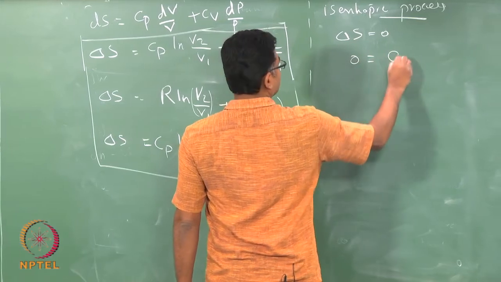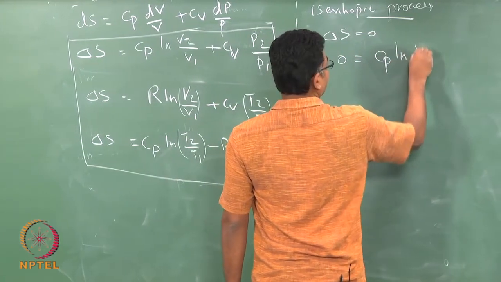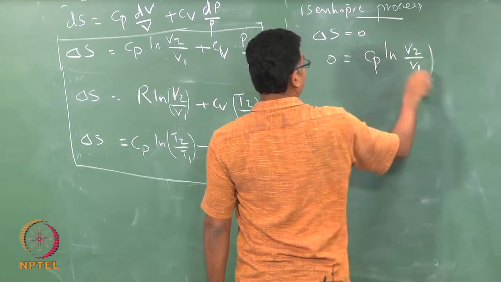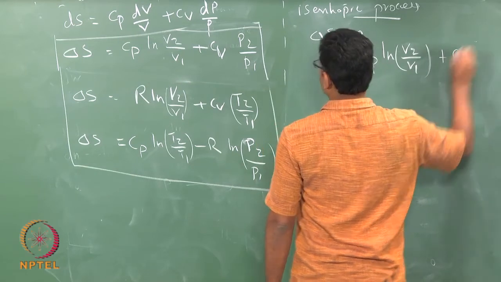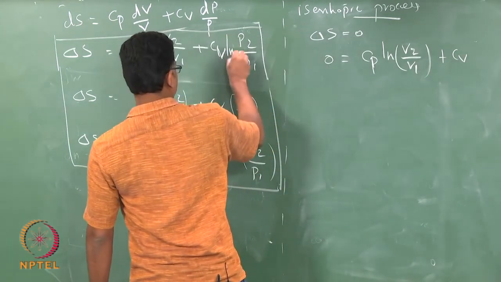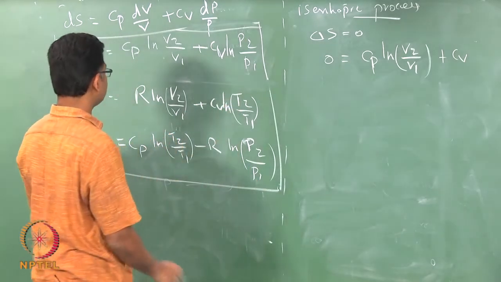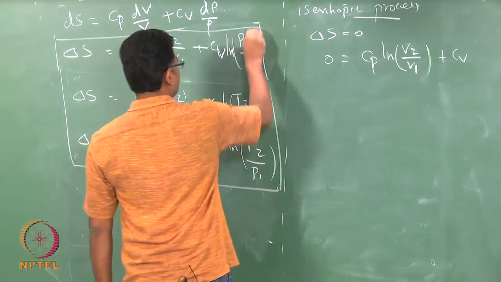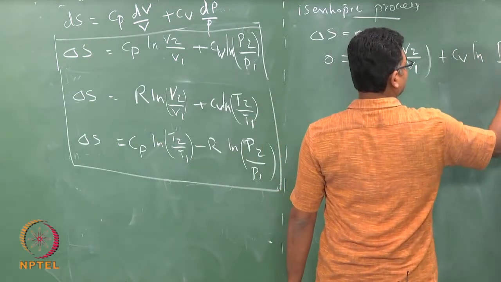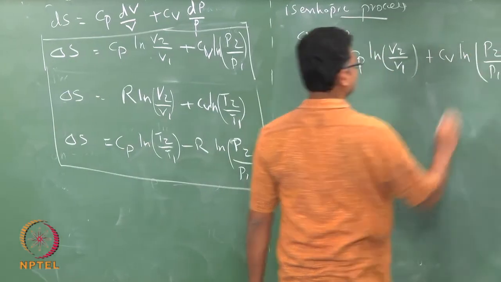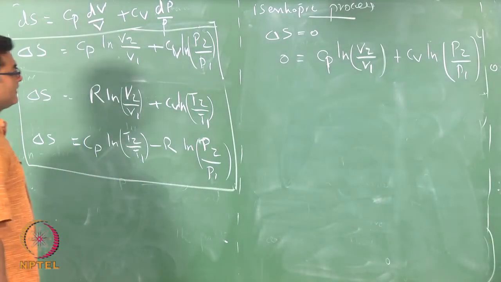0 equals Cp ln V2 by V1 plus Cv, there is an ln here, there is an ln here too, that was missing, ln P2 by P1.